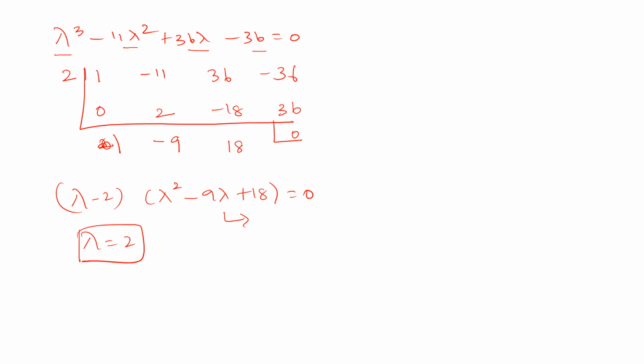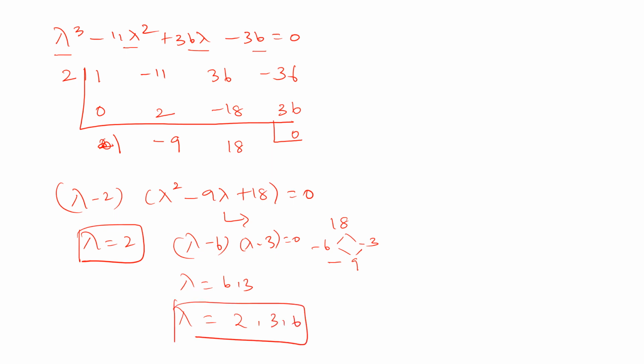If you multiply you should get 18, and if you add you will get 9. So minus 6 and minus 3 are the possibilities, right? So (lambda minus 6)(lambda minus 3) equal to 0. So lambda equal to 6, 3. So lambda equal to 2, 3, 6 are the eigenvalues of the matrix.